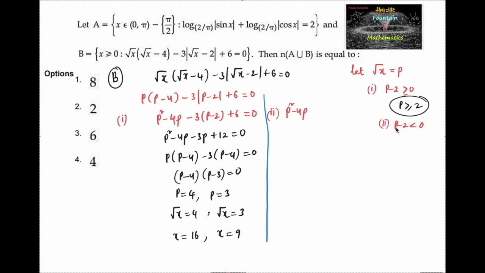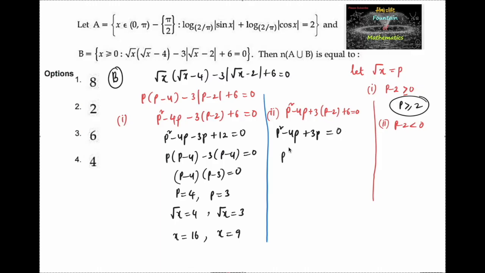So here we can write p square minus 4p. When p minus 2 is less than 0, we'll get mod of p minus 2 as negative. So minus of minus, plus 3 times of p minus 2 plus 6 is equal to 0. So we can simplify p square minus 4p plus 3p, and again here minus 6 plus 6 is 0.